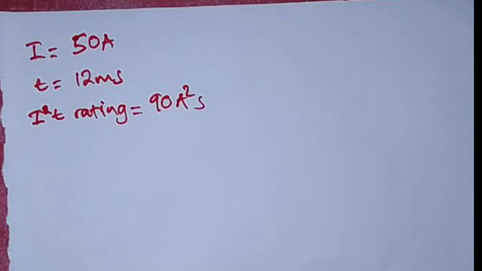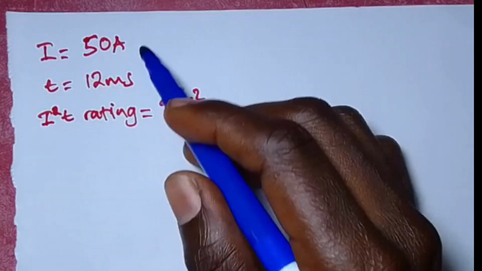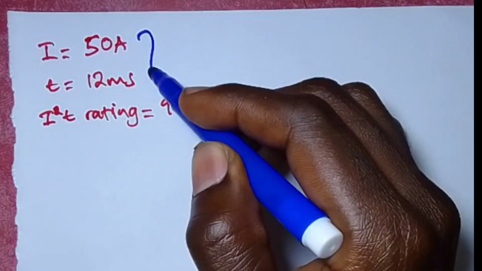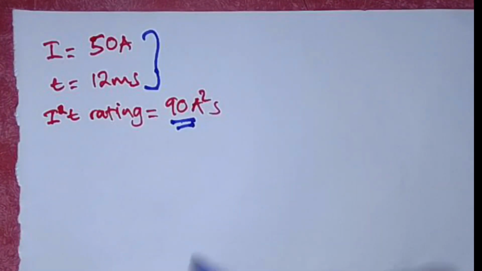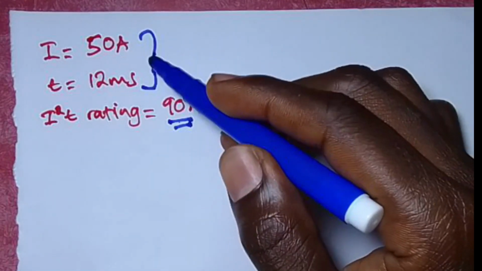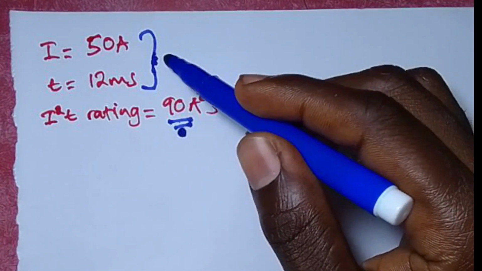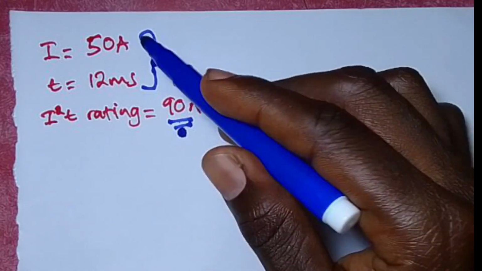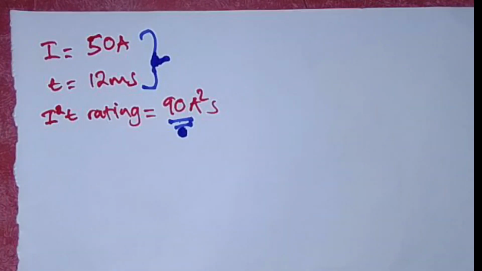So what we are going to do is simply calculate. First of all, we calculate what would be the surge rating for such a combination of inputs, and then we shall compare it to this and see. This will be destroyed if what we get here is greater than what is given. But the SCR will not be destroyed if what we get after calculating is less than what we have there.